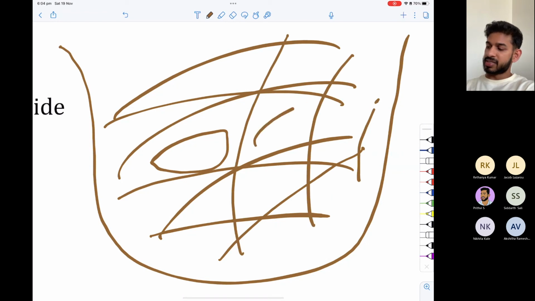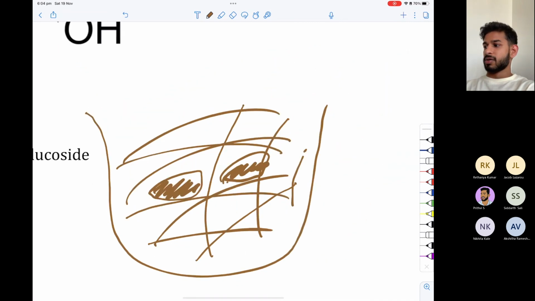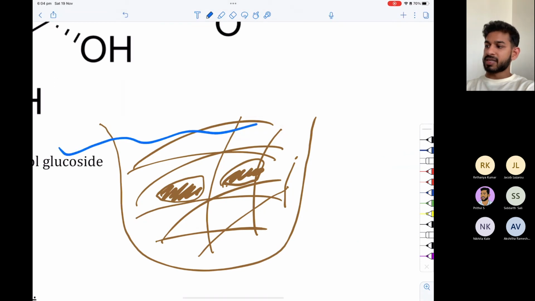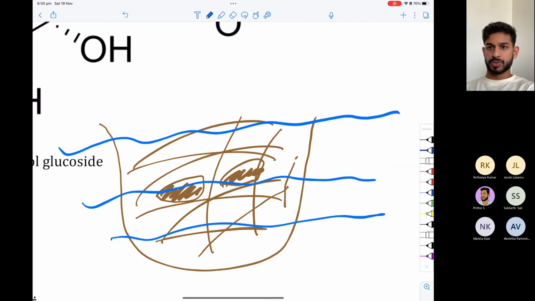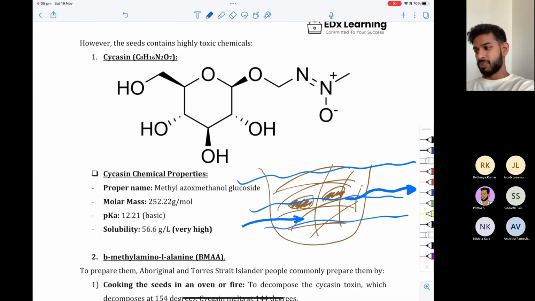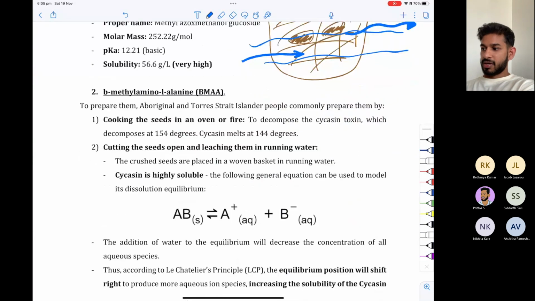These seeds would sit inside the basket, and they'd place the basket in running water in a stream. So water is always running into the basket, washing the seed, and then running out of the basket. I don't know how they knew this, which is pretty interesting.